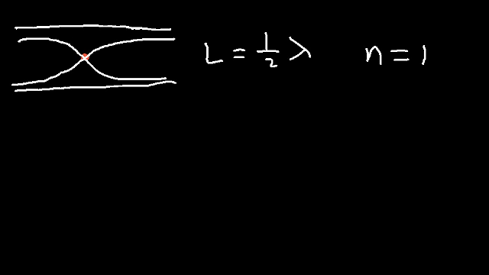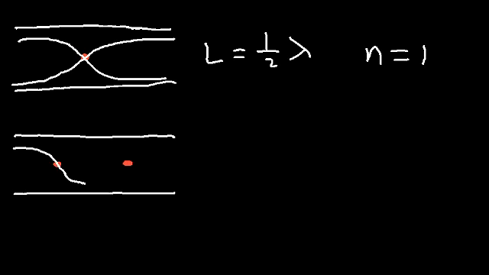Now what about if we have 2 nodes? How is it going to look like? It looks like that.